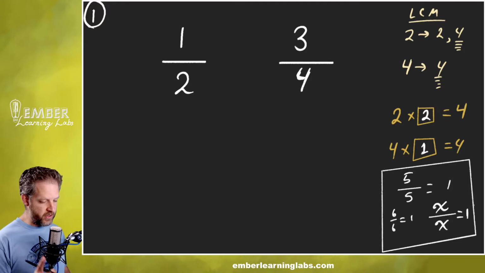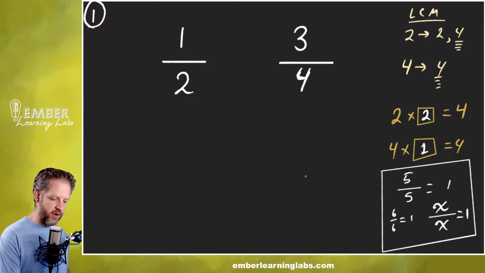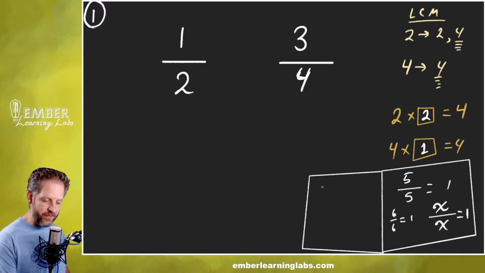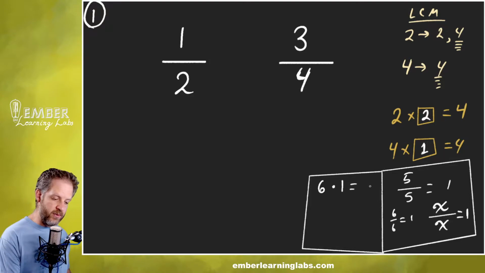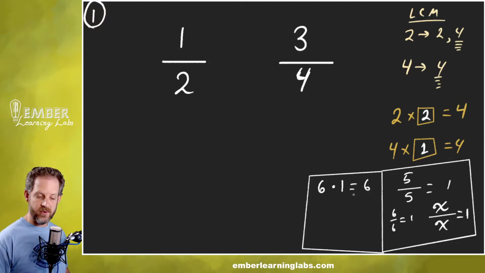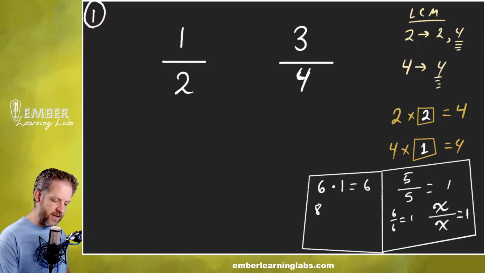Now, also, the other reason why we can do what we're about to do is this little box of things. If we take 6 times 1, what does that equal? 6 times 1 equals 6, right? What does 8 times 1 equal? Well, it equals 8.